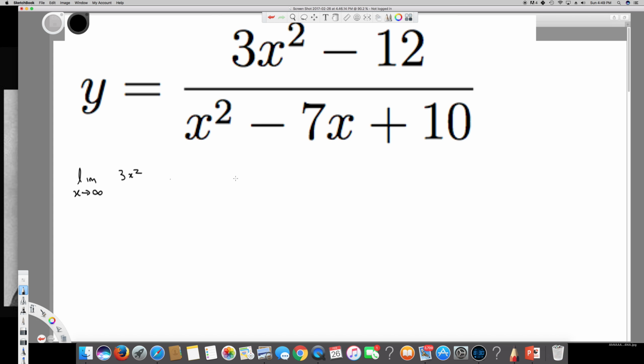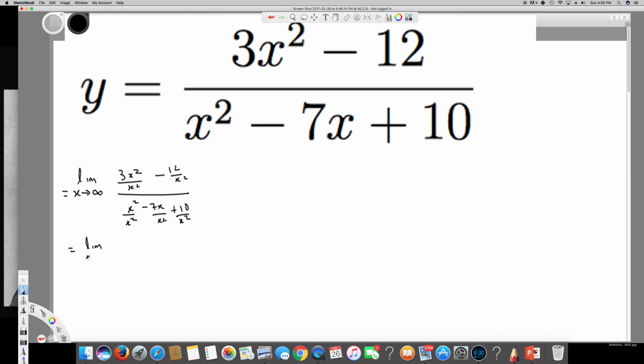Here the x square is the highest power, so I divide everything by x square: 3x square over x square minus 12 over x square, over x square over x square minus 7x over x square plus 10 over x square. So I divided everything by x square and let's see what happens.